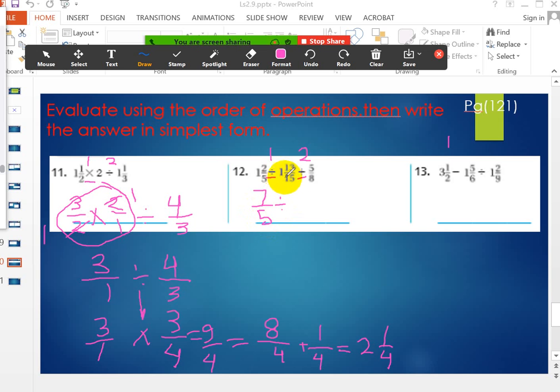Divide. 1 multiply 15 equals 15, 15 plus 13 equals 28 over 15, plus 5 over 8.